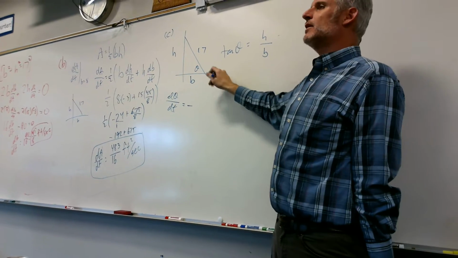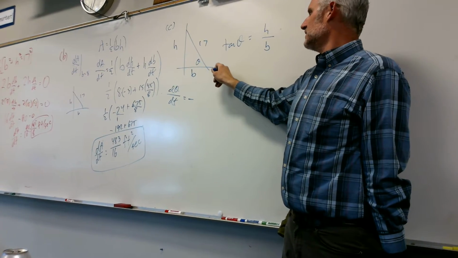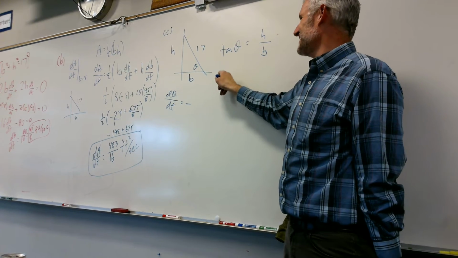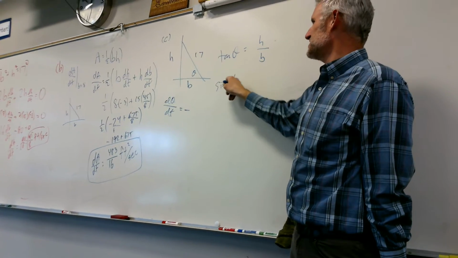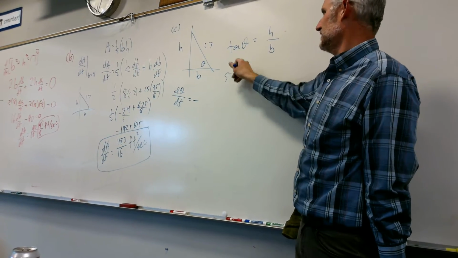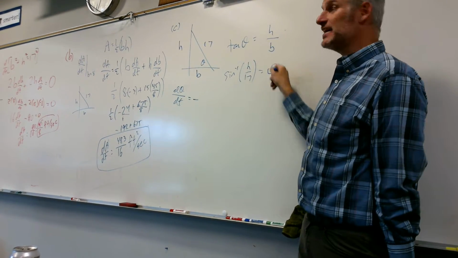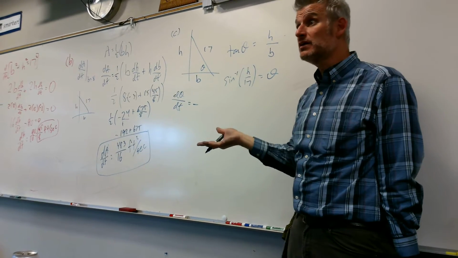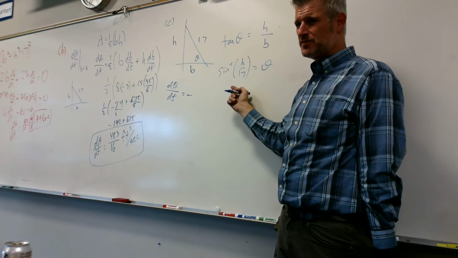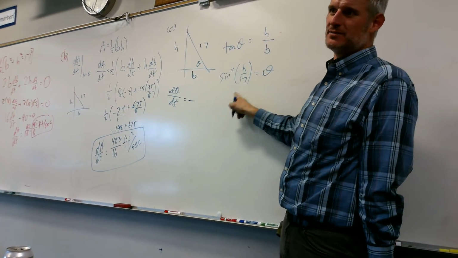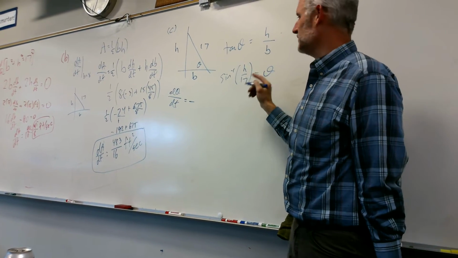Somebody says, I want to do sine inverse of h over 17 for theta, right? Do you really want to take the derivative of sine inverse? 1 over square root of 1 minus... No. Just do sine.